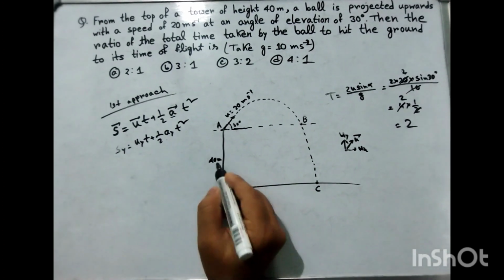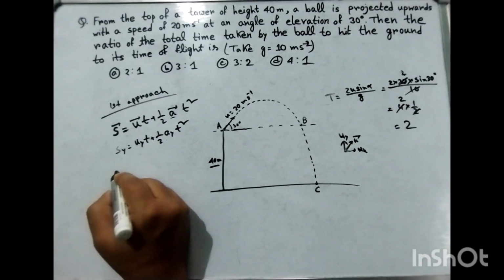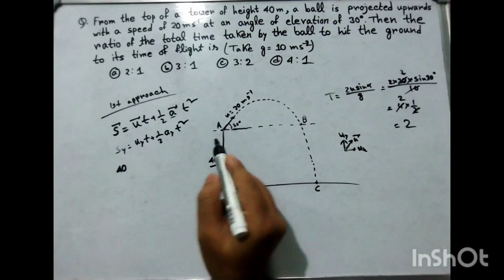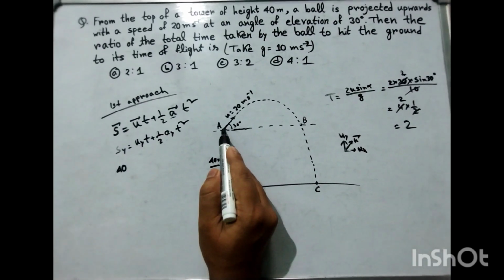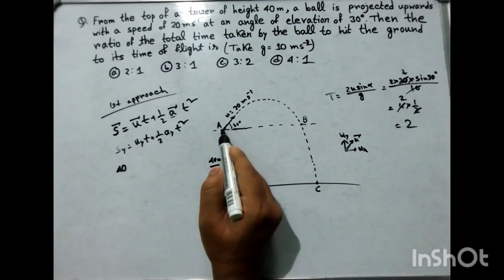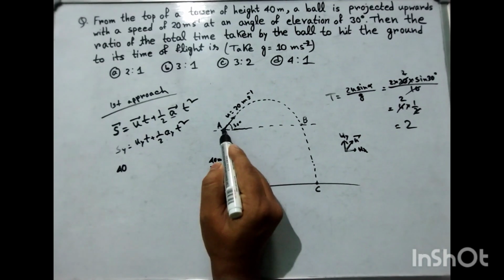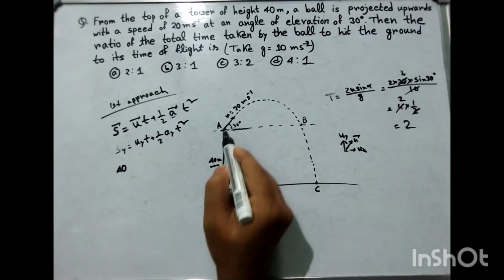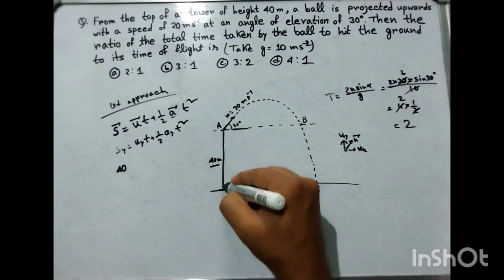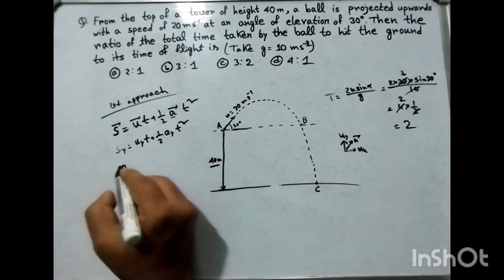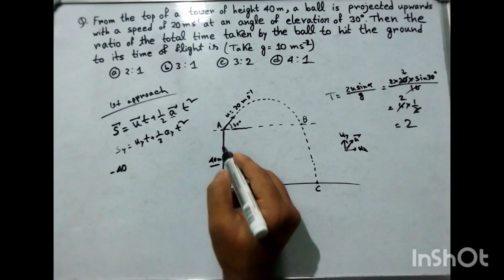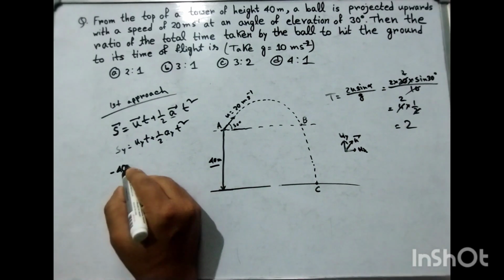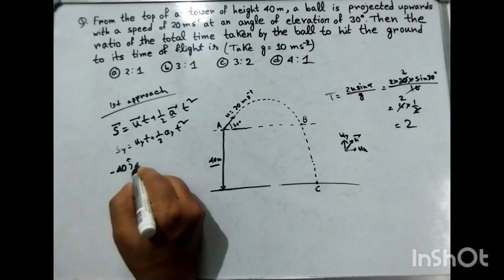So now sy will be your 40, but you have to understand that from A to C the displacement along the y-axis is downwards, so this will be minus 40, or you can write it as 40 minus j cap.